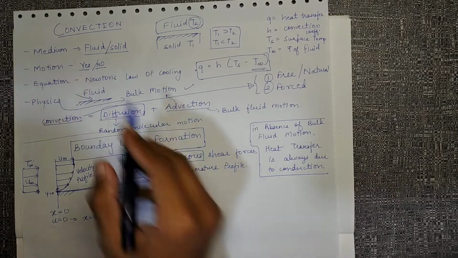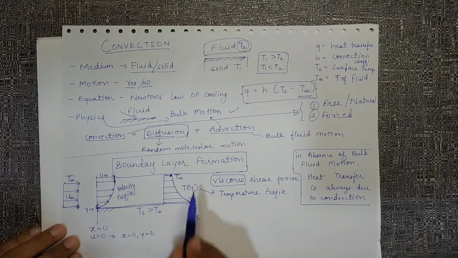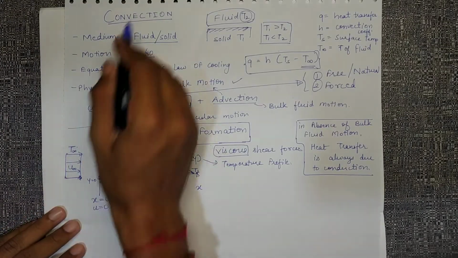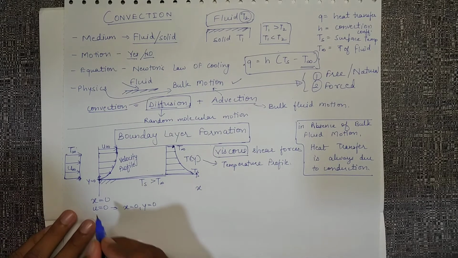So if we want convection to happen, that bulk fluid motion must happen. Bulk fluid motion must occur for convection to take place.